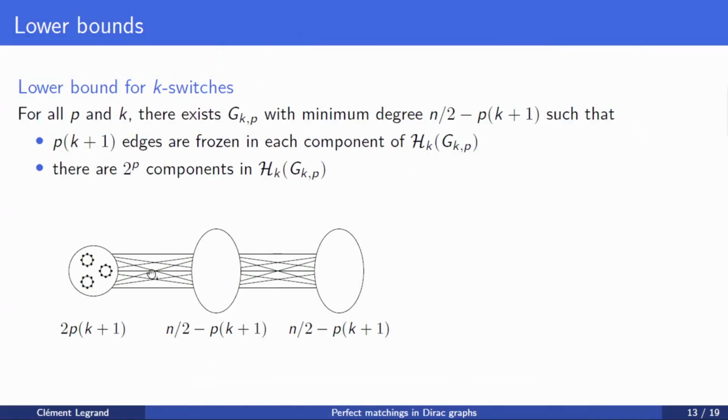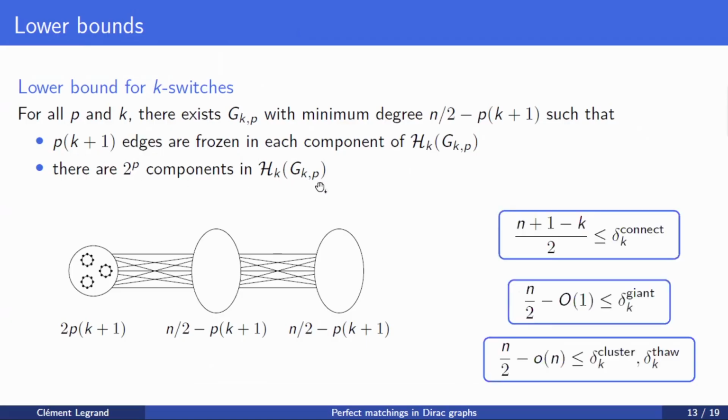I cannot do any change here to modify those. So here, all this part is frozen, and the number of connected components is 2 to the power the number of cycles I had on this side. So those are my properties. I have this many frozen edges and this many components of equal size inside. And so by adjusting the value of p, if you take p to be constant, then you get the giant component threshold.